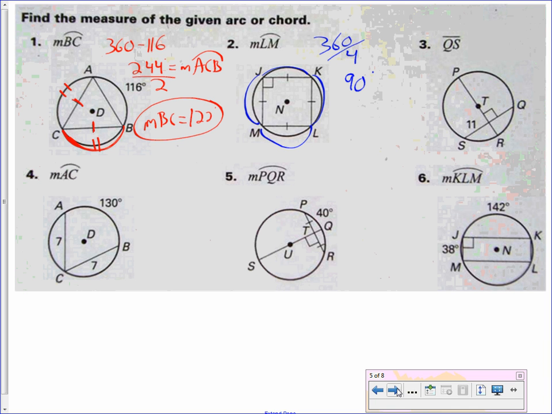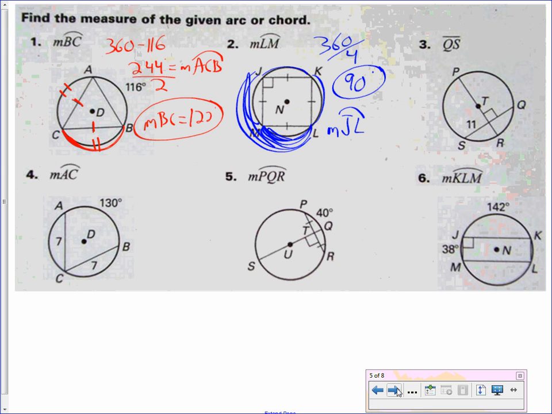So make sure you're paying attention to what you're looking for. Arc LM is just one of those arcs. So that's our answer. And what I mean by that is, what if you're asked to find the measure of arc JL? Well, JL is 2 of those 90 degrees, so the answer there would be 180. So just pay attention to the little details of the question.